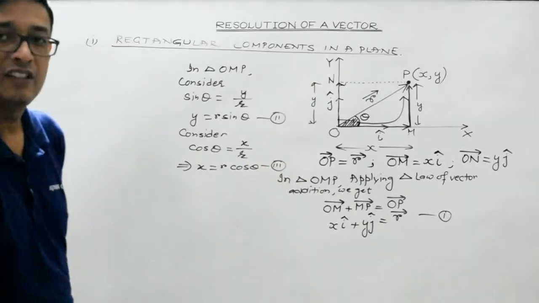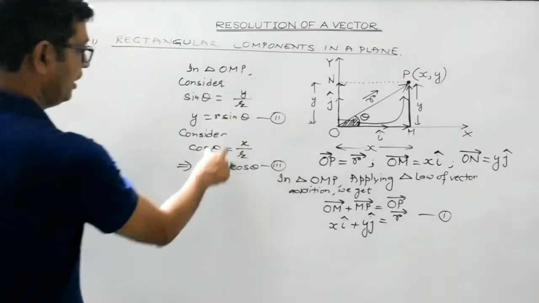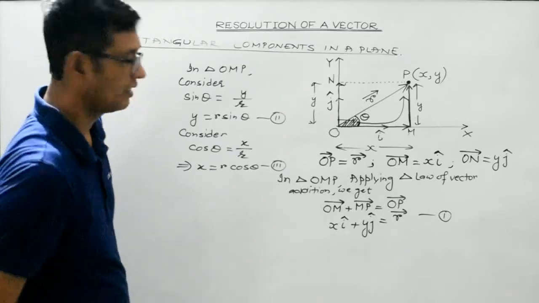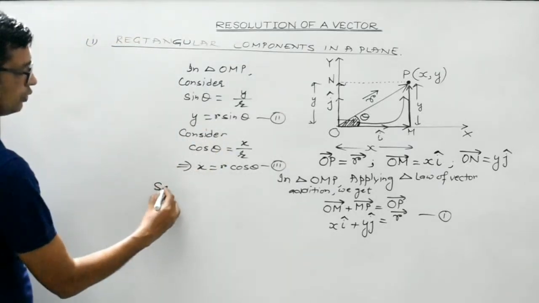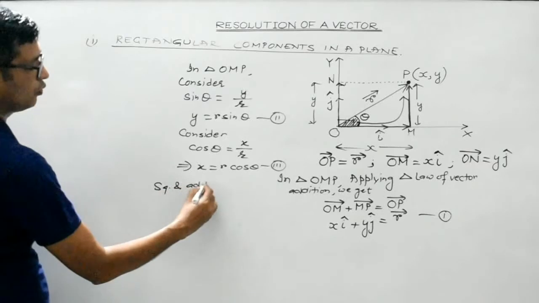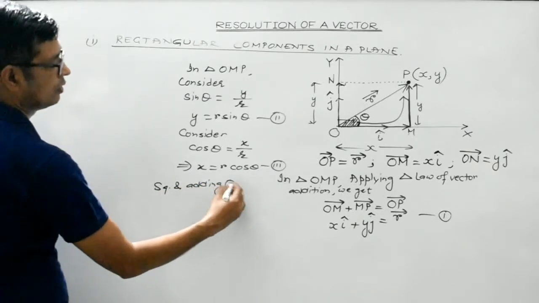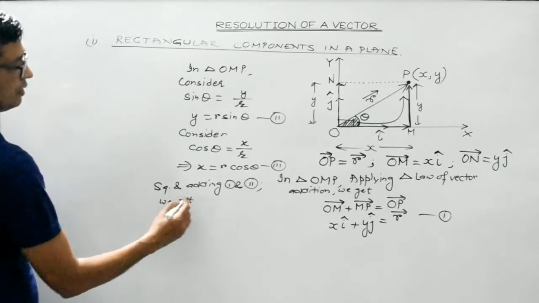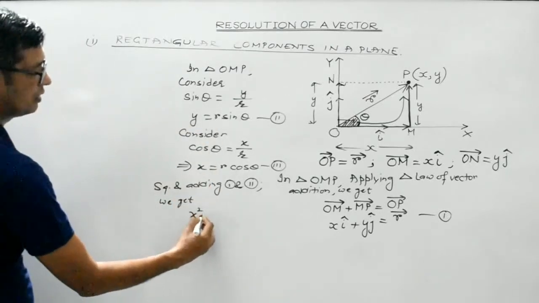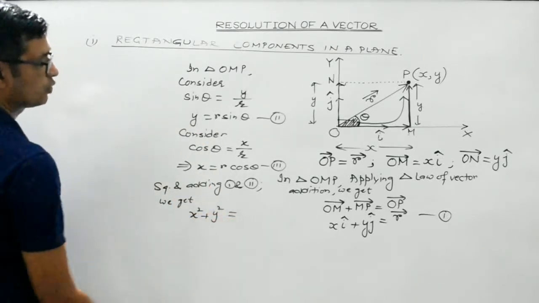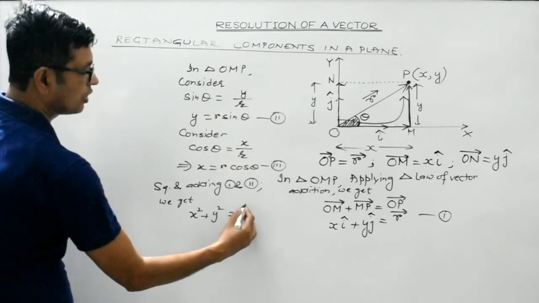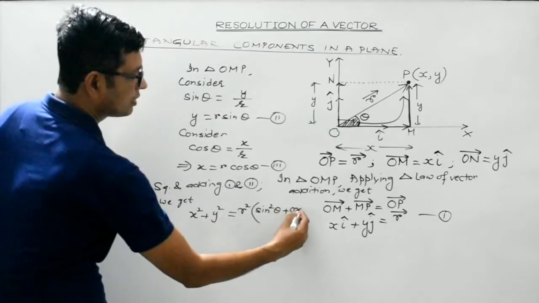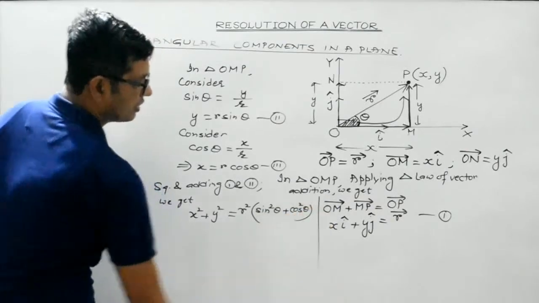Clear, students? Now, in order to eliminate theta, what do you do? Adding and squaring. So, squaring and adding 1 and 2, we get, on the left hand side, x square plus y square, and on the right hand side r square can be considered common, and it is sine square theta plus cos square theta, isn't it?